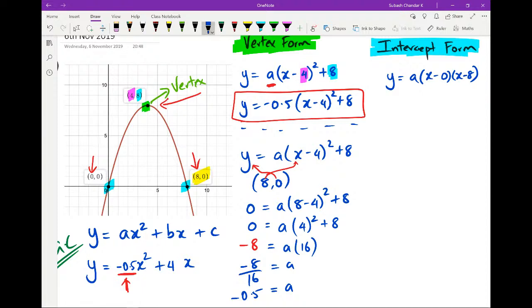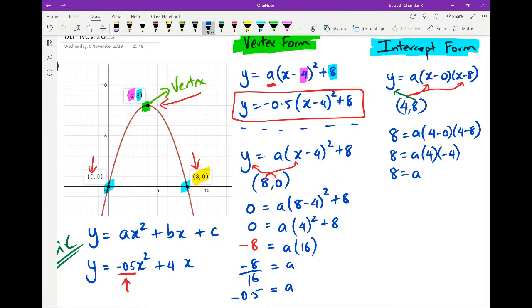Okay, so we're going to do the same thing as what we did before, but we're going to use a different point in this case. We're going to use (4, 8), because that's the point that's given. We substitute 4 wherever x is, and replace y with 8. So we get 8 is equal to a times (4 minus 0)(4 minus 8), and we've got 8 equals a times 4 times negative 4.